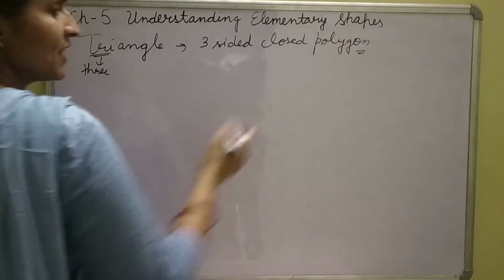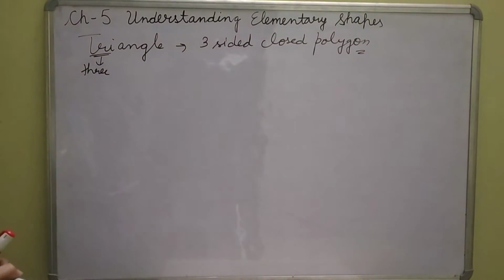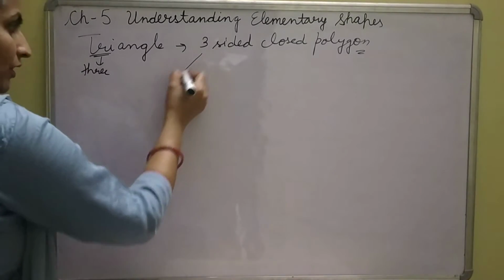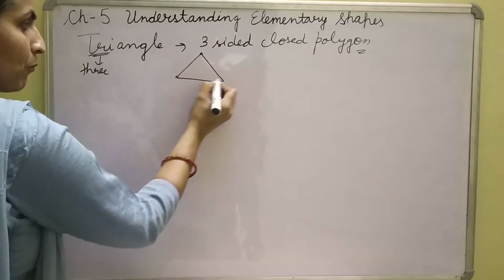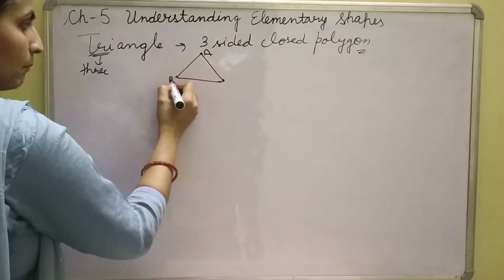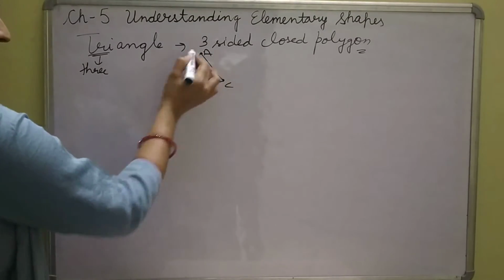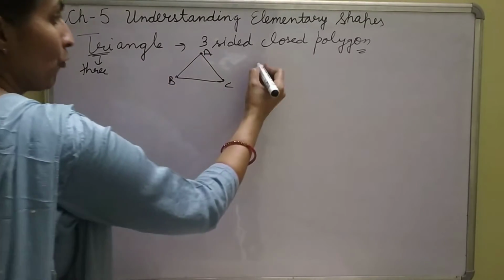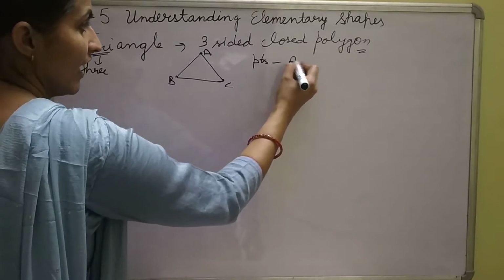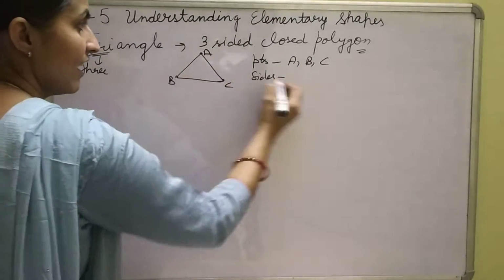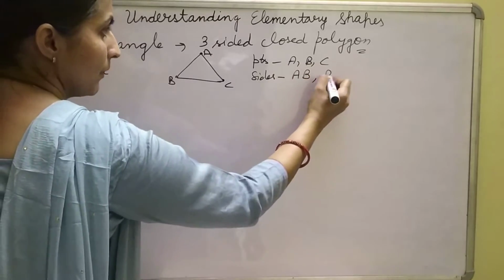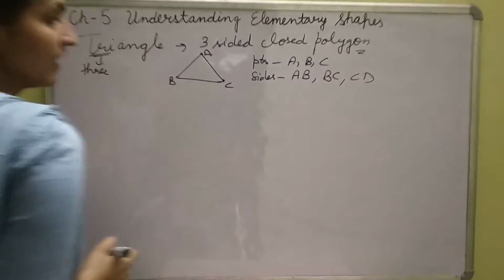Now polygon means made up of line segments only. So this is our triangle. These are the 3 points A, B, C, or you can say vertices, and 3 sides. So points are A, B and C. Sides are AB, BC, CD.